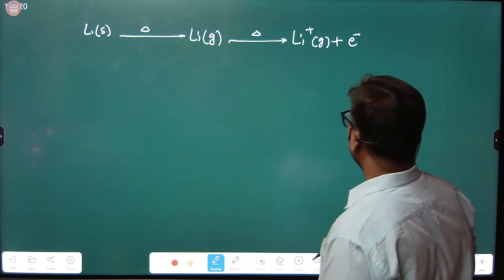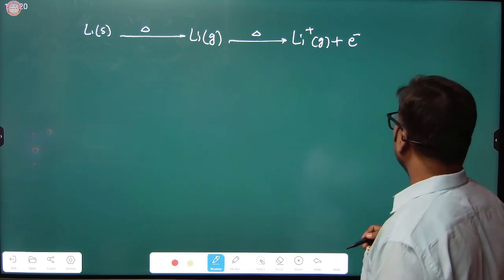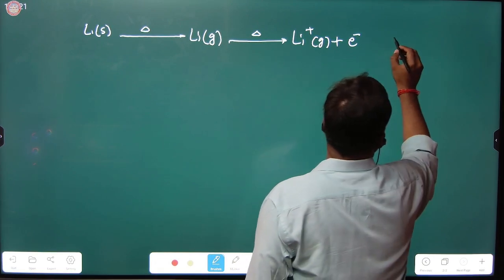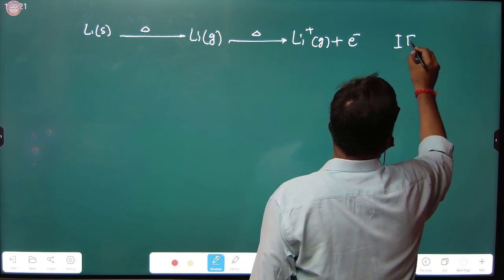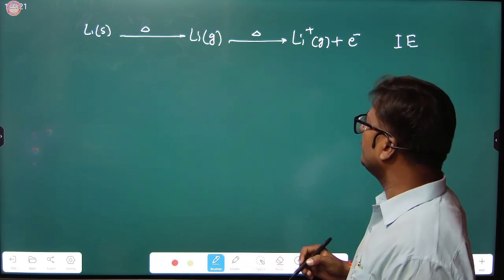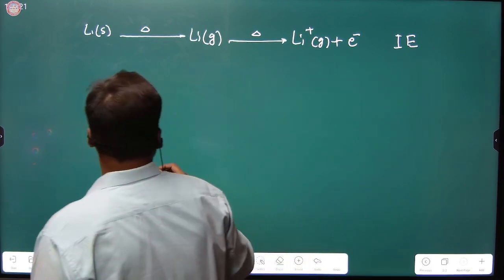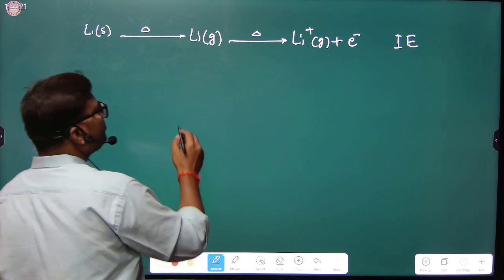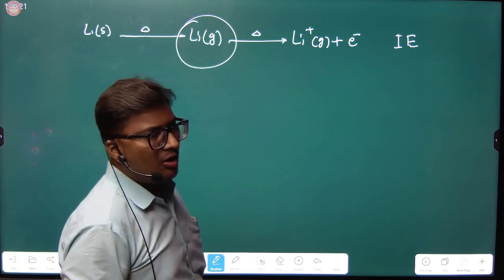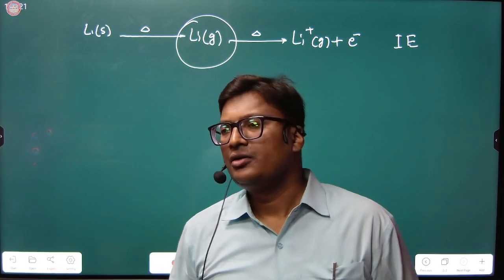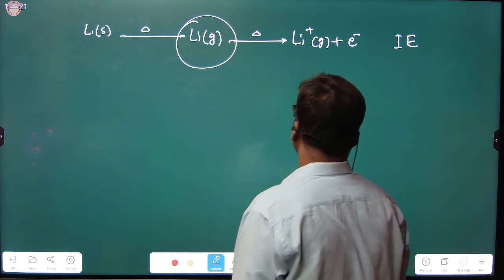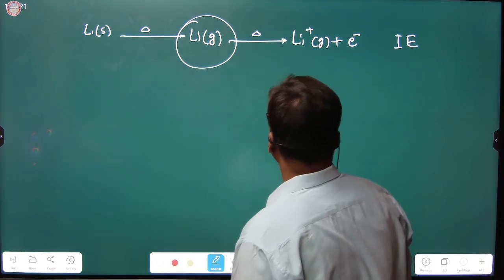So in this process, the energy required, IE, that is ionization energy. So the energy required to remove its valence or outermost electron from the gaseous atom is called ionization energy, right?